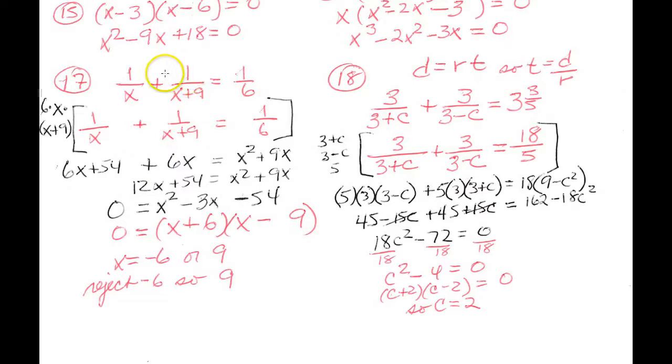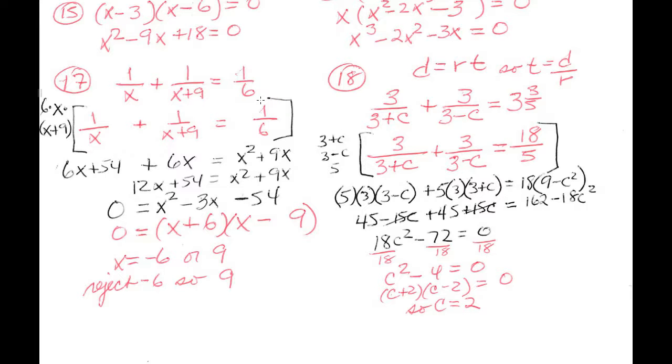So this is the person who gets their regular job done. That's that person's rate. The other person is 1 over x plus 9. Takes 9 hours more to do the job. Working together, they get the job done in 6 hours.